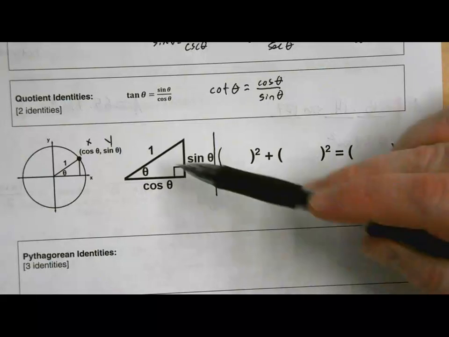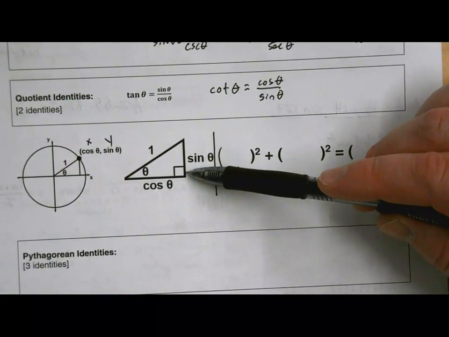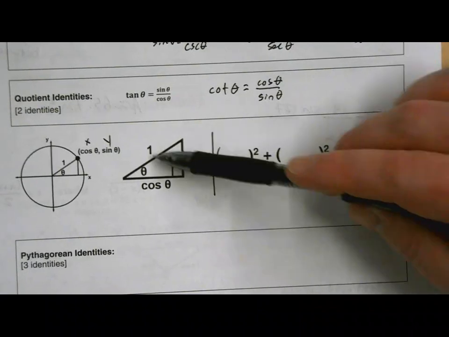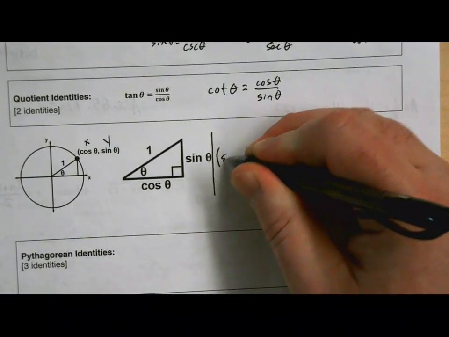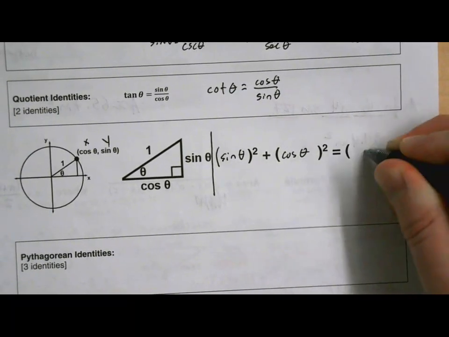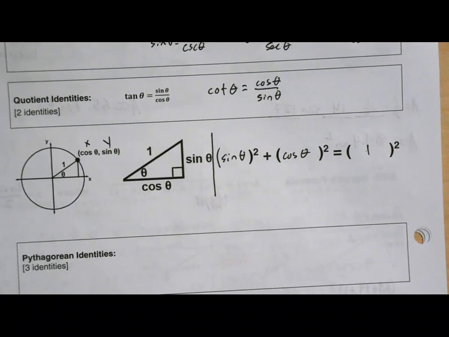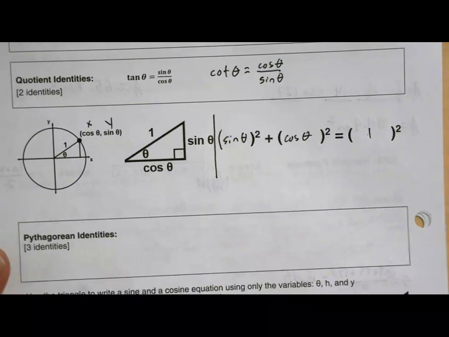That means that we could pull this right triangle out. The bottom would be cosine theta. The side would be sine theta. The hypotenuse would be 1. And we could apply Pythagorean theorem to it, which would say that the sine of theta squared plus the cosine of theta squared is equal to 1 squared. And that is the primary Pythagorean identity.